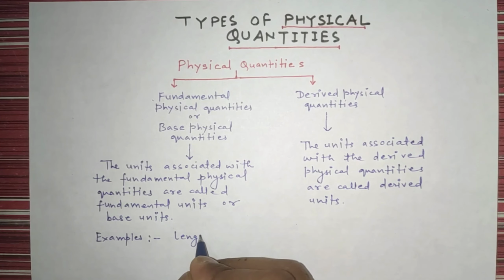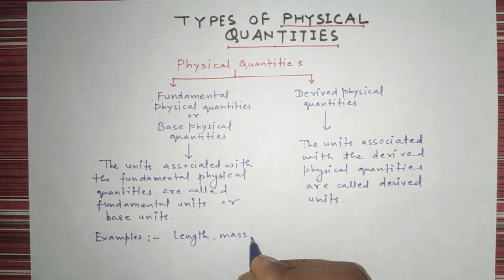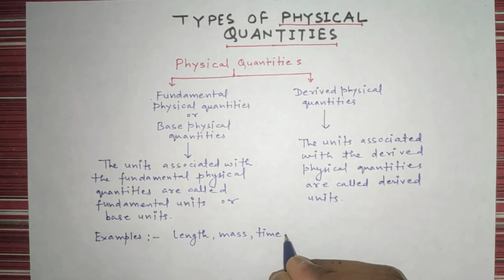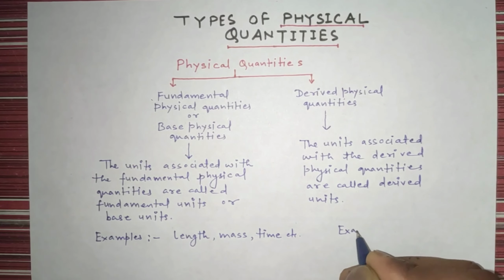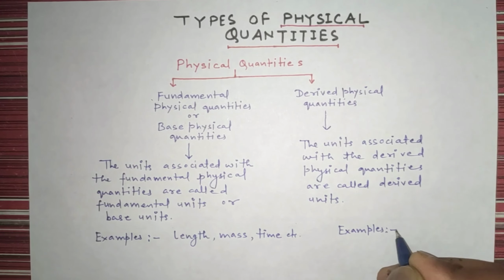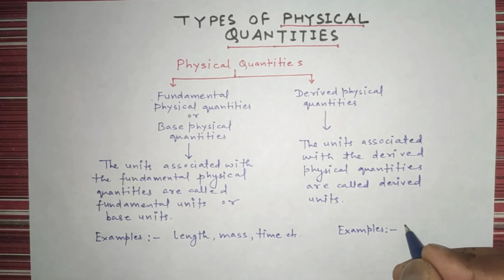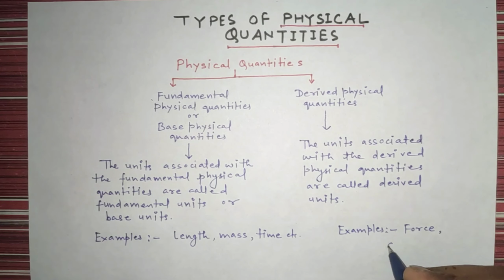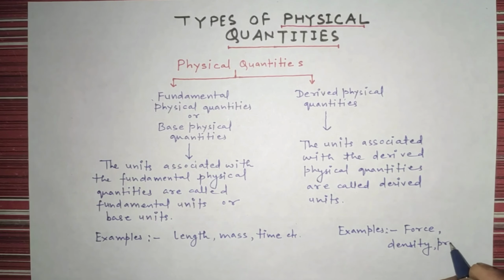Length, mass, time, etc. And here the examples are force, density, pressure, etc. Now the units associated with these are base units, and the units associated with these are derived units.